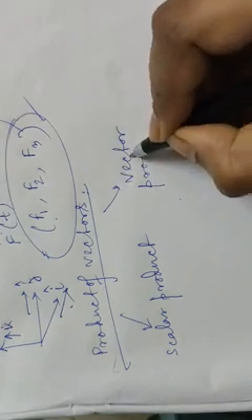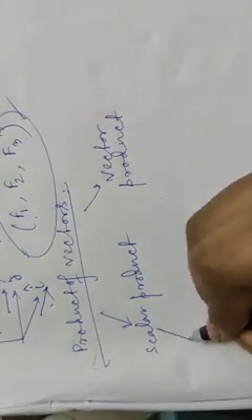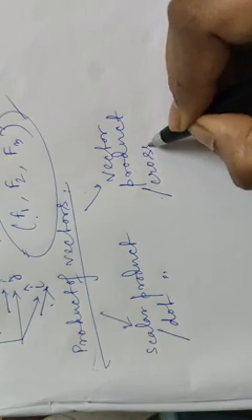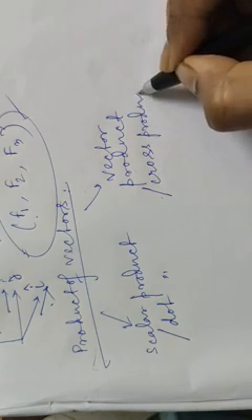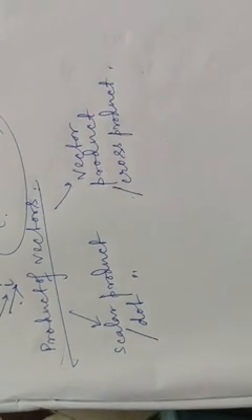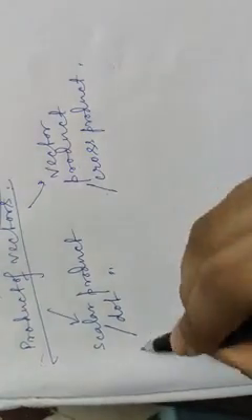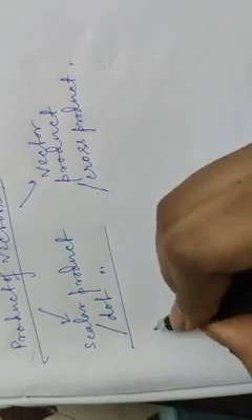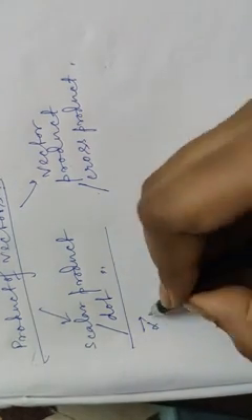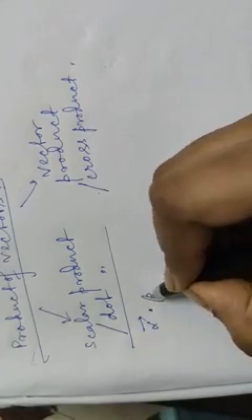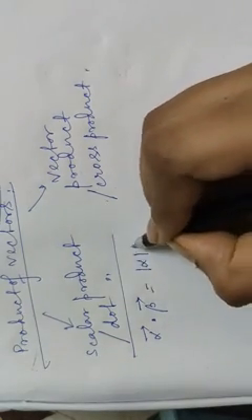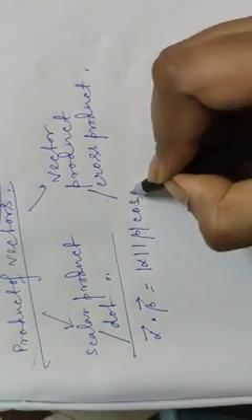They also have a few different names. Scalar product is also known as dot product, and the vector product is also known as cross product. So I am briefly discussing all these products. At first, scalar product. Scalar product or dot product is denoted by alpha dot beta, and it is defined by mod alpha mod beta into cos theta.